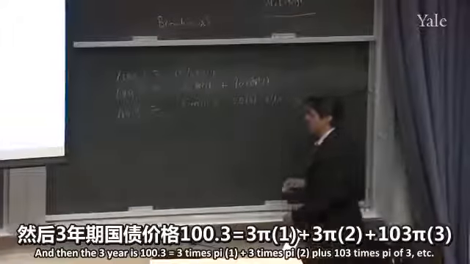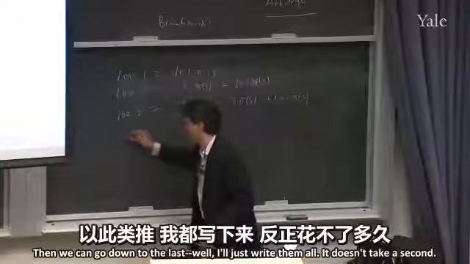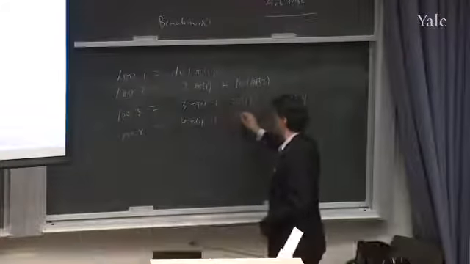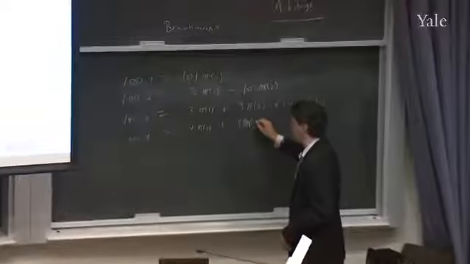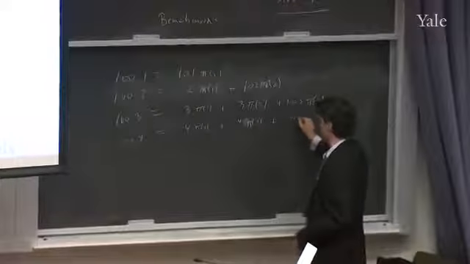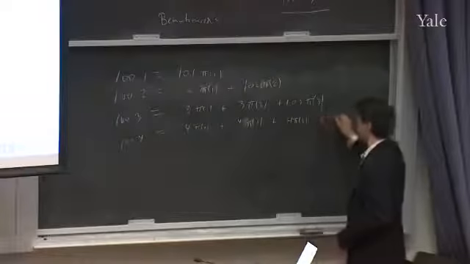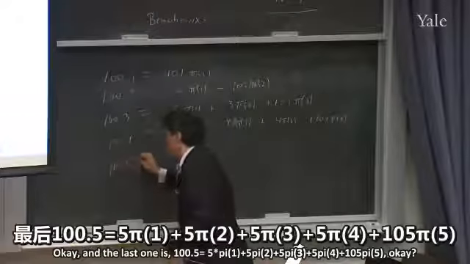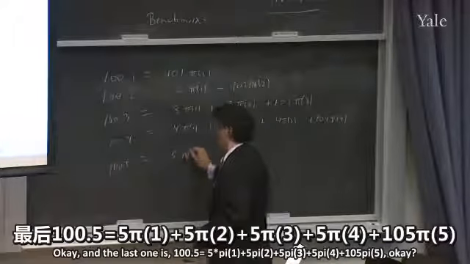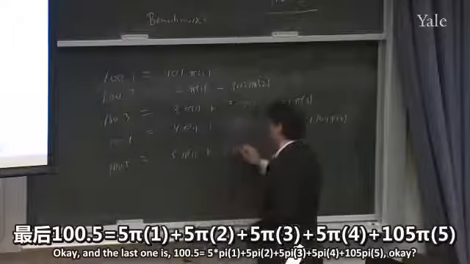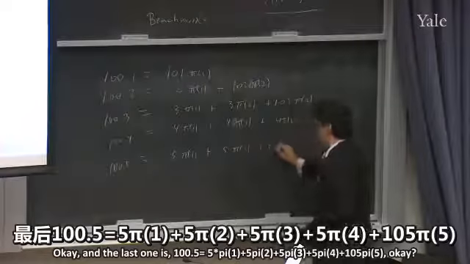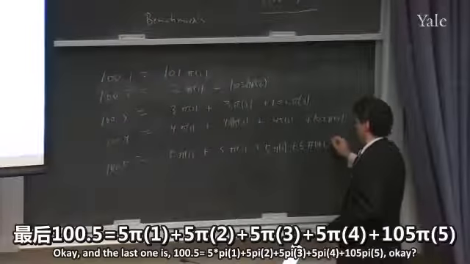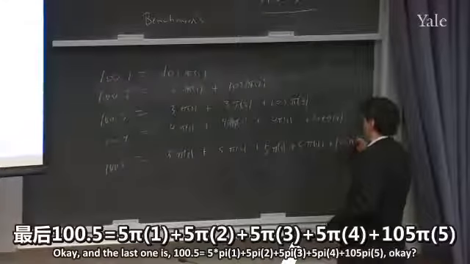Okay, so, etc. And then we can go down to the last. Well, I'll just write them all. And the last one is 100.5 equals 5 times pi 1 plus 5 pi 2 plus 5 pi 3 plus 5 pi 4 plus 105 pi 5.